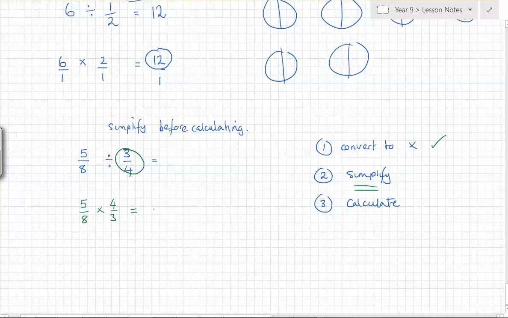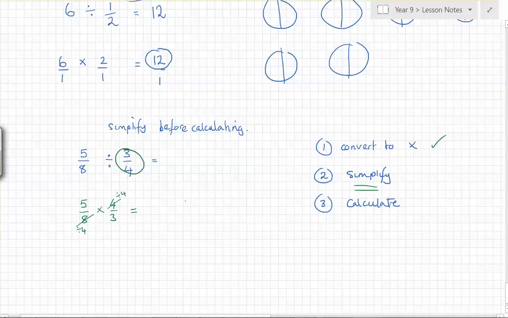But what can we simplify? Anything or nothing? 5 eighths, no. But the 4 with the 8, what does it become? You can divide both by 2, but you can also divide both by 4. So it would be 1 over 2, half.